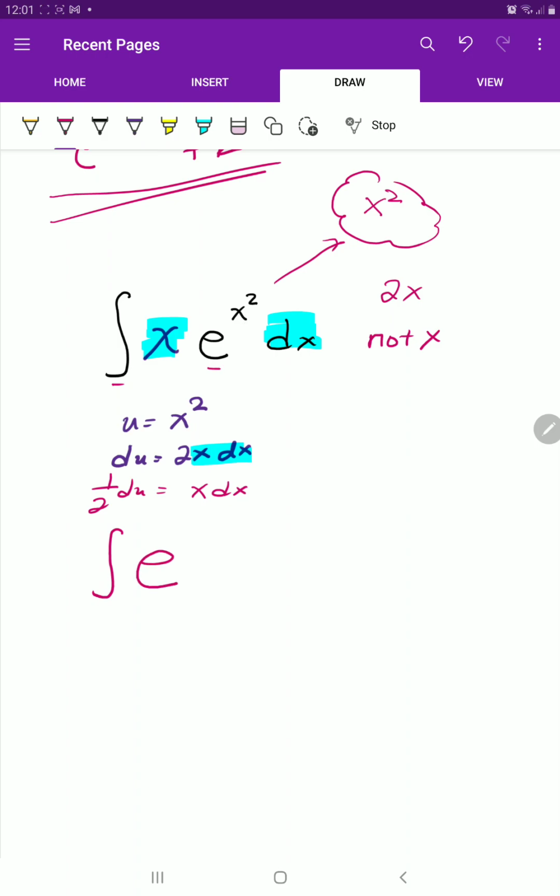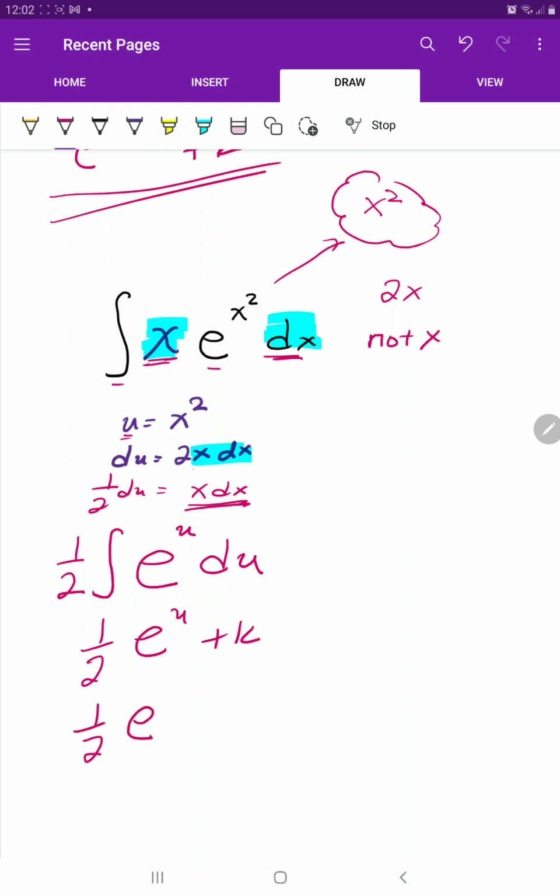That is e, but your x squared is u, e to the u. And the x dx is equal to 1/2 du, you put the 1/2 outside. So therefore now you have 1/2 e to the u plus k, or 1/2 e to the x squared, plus k.